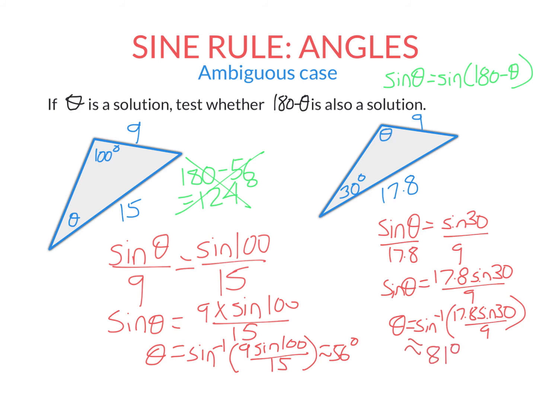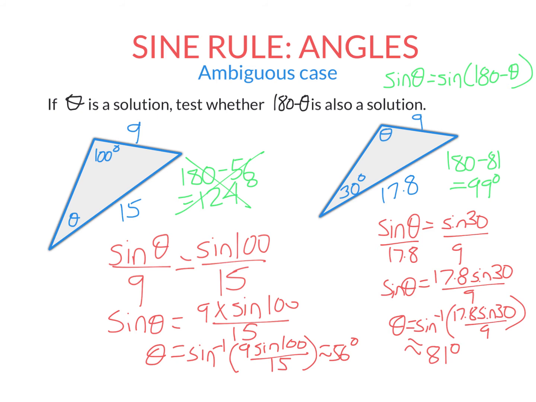So theta here could be 81 degrees. Now, if I subtract 81 from 180, I get 99. See here, 99 is a possible solution. Absolutely, if one angle's 30, the other could be 99. We just don't know which it's going to be, whether 17.8 is the longest side or the middle side. So both of these are possible values for theta. That's what we mean by ambiguous case.